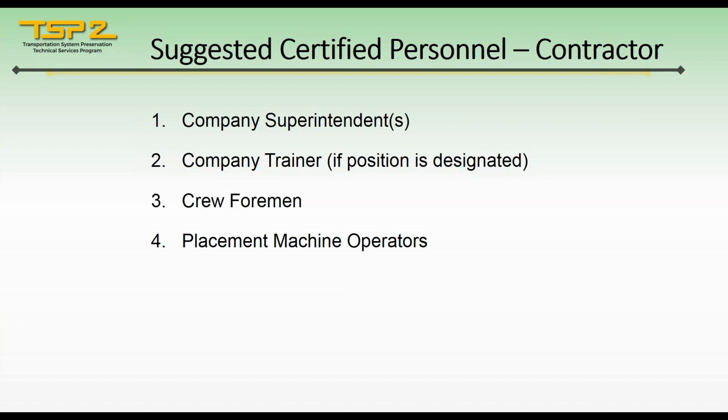But Rex will be covering a little later on the importance of the trainer and what responsibilities they have to certification and for training people who may not necessarily be responsible for taking the exam themselves. We also recommend that the crew foreman and placement machine operators be certified.